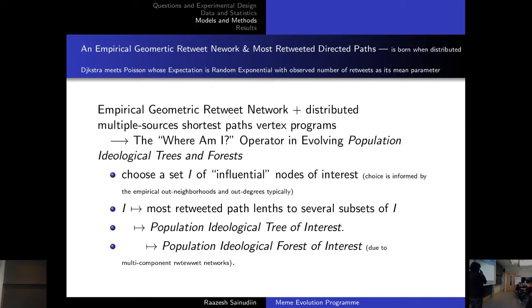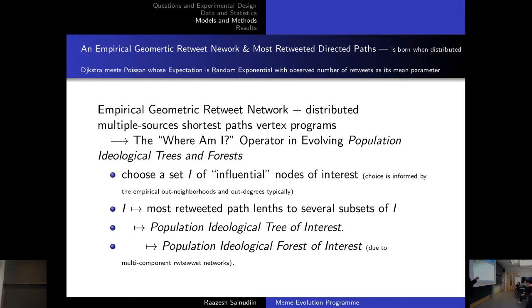But the reason is it's actually connected to Dijkstra, right? People know about Dijkstra's algorithm for shortest paths. So when Dijkstra meets Poisson, whose expectation is a random exponential with the observed number of retweets as its mean parameter. I want to be able to do shortest path algorithms on this huge network, because I have this Pregel API, which you'll see tomorrow, that allows me to implement this at scale.